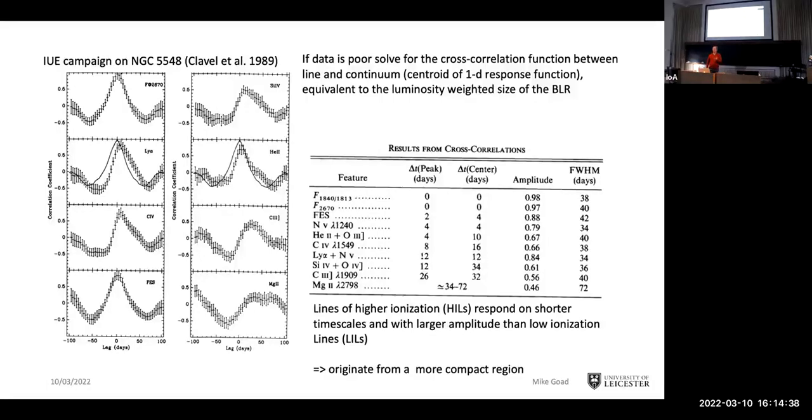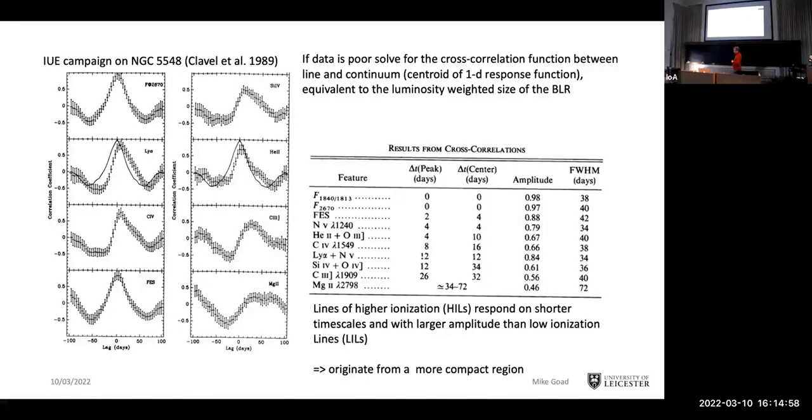You cross-correlate them at every point in the light curve and measure the delay, just moving them across in front of each other. That gives you an indication of the size of the region that's responding. So in the early campaigns, the trick was to measure the size of the emitting region for each of the lines that you observe.